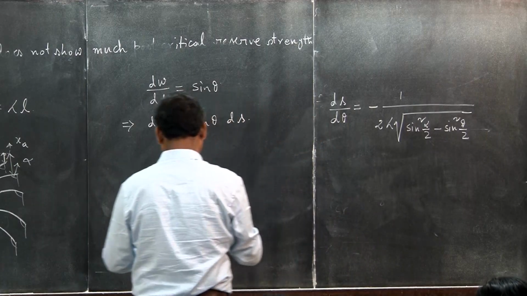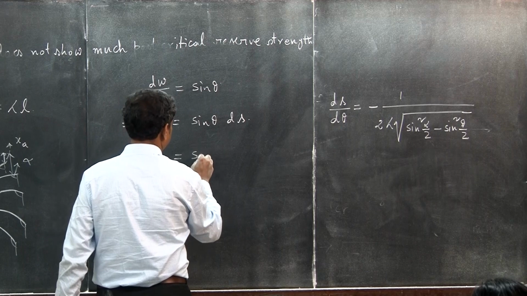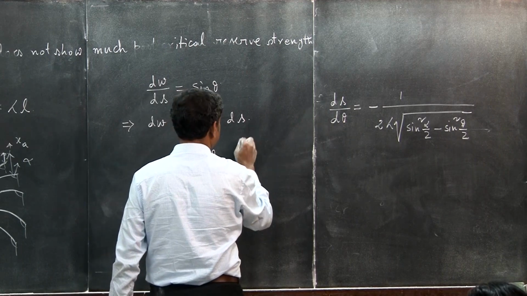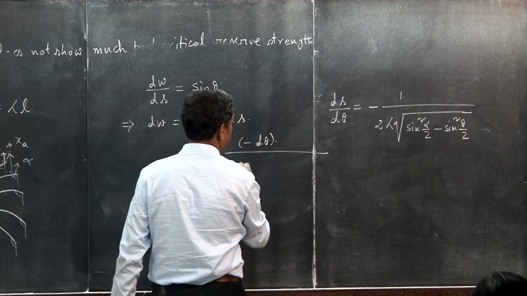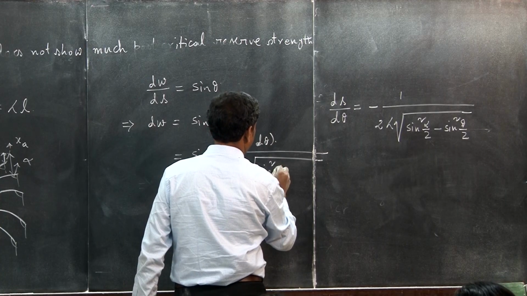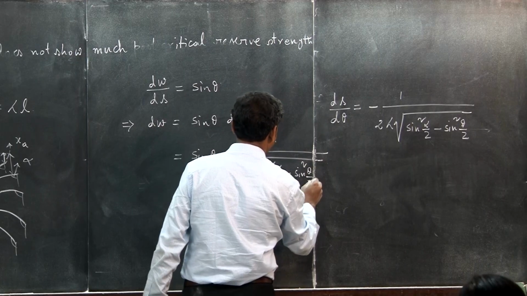So this is sin theta, and ds is minus d theta divided by 2 lambda root sin square alpha by 2 minus sin square theta by 2.